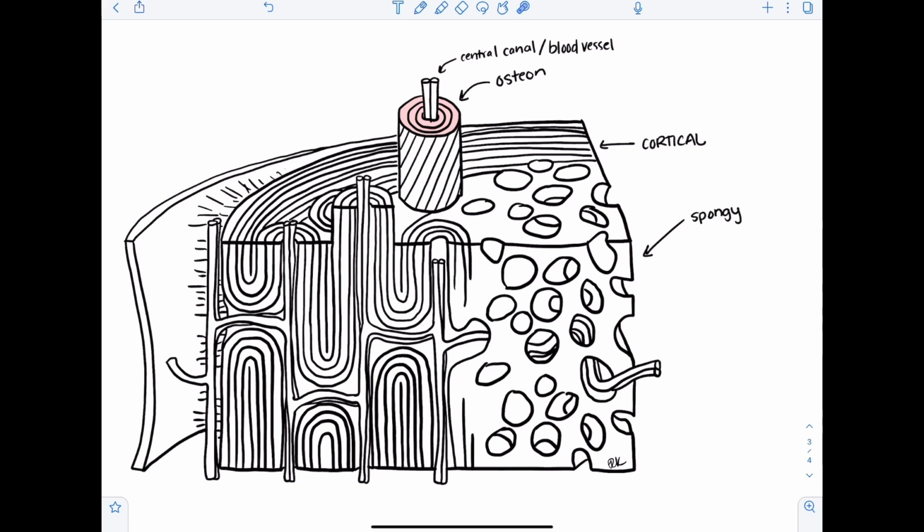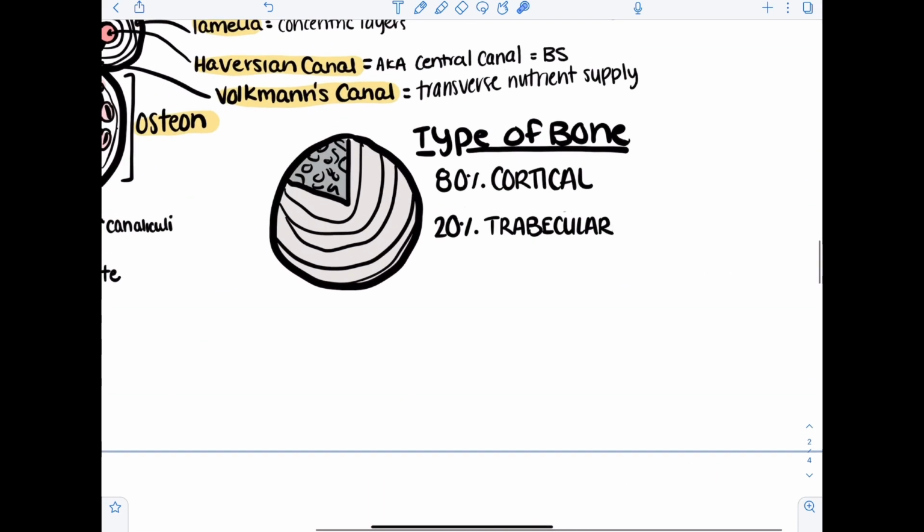And you can see it gets that name because it kind of looks like Swiss cheese, right? It has all these air sockets, and those are for blood vessels to roam in and out, and it's also where bone marrow is made, within this spongy bone material. So if you look up here at the types of bone, 80% of our bone is cortical bone, 20% is trabecular or spongy bone. So this is also known as compact bone. This is also known as spongy bone.